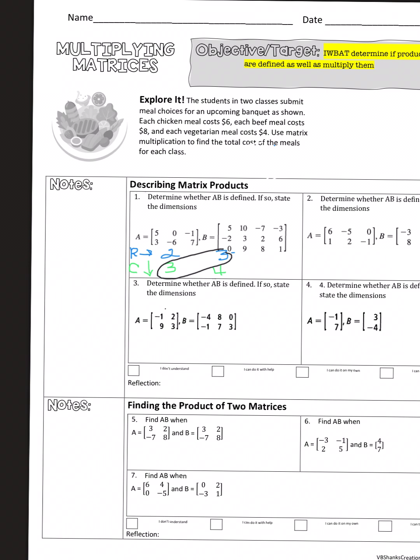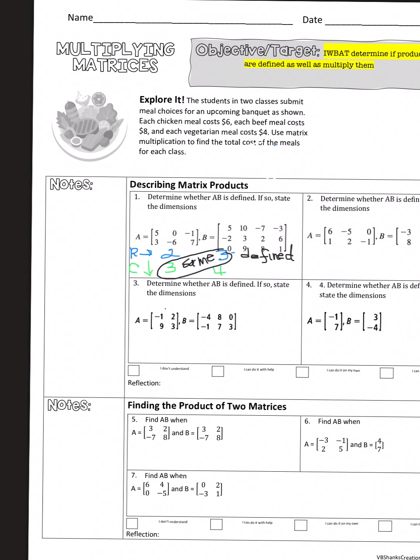If these two numbers diagonally are the same, write that in, that they are the same. If they are the same, then the set of matrices are defined. So these are defined. If they weren't the same, then we would say they were undefined.